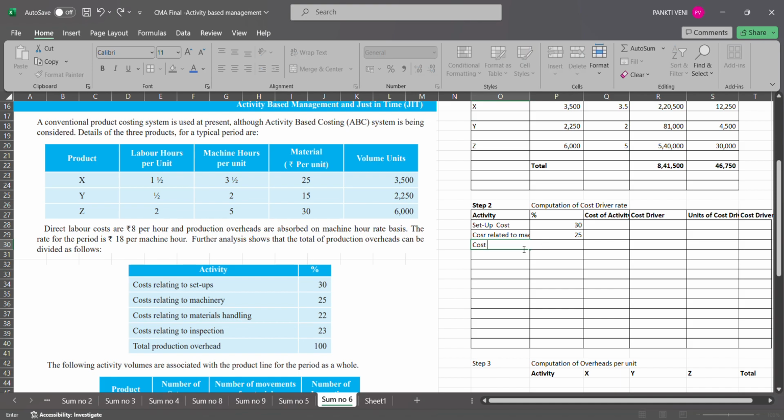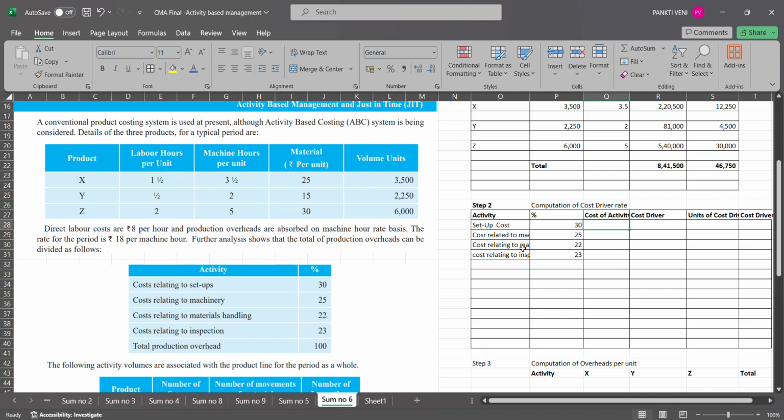Then I have cost relating to material handling, I have 22%. Cost relating to inspection, I have 23%. Okay, so this much is done.